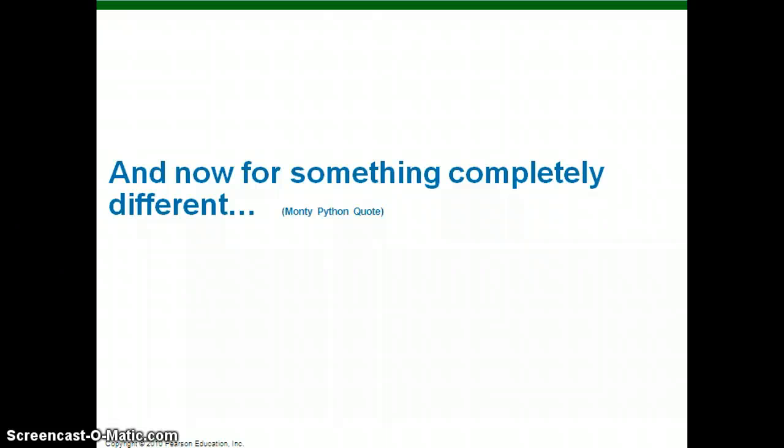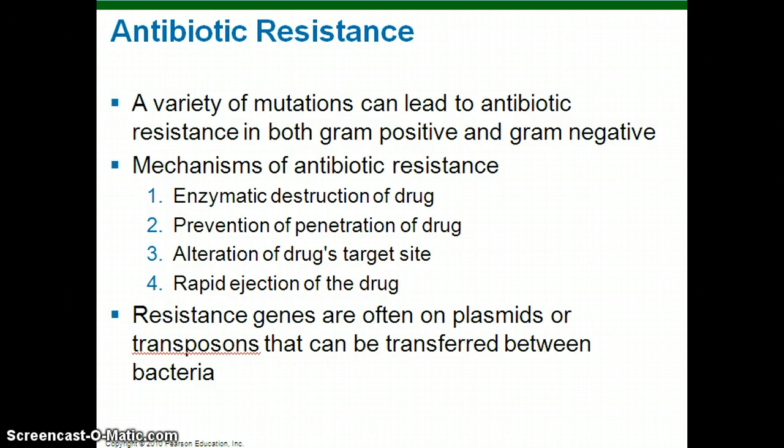So the majority of available agents are antibiotics. An interesting fact is that more than half of our antibiotics that are supposed to kill bacteria are actually produced by bacteria. Antibiotics, however, are not as useful as they once were, and that's because of antibiotic resistance.